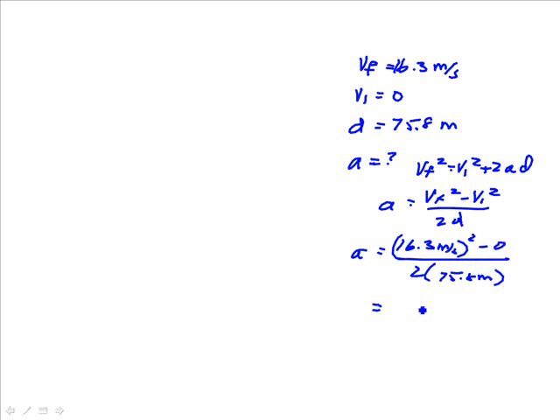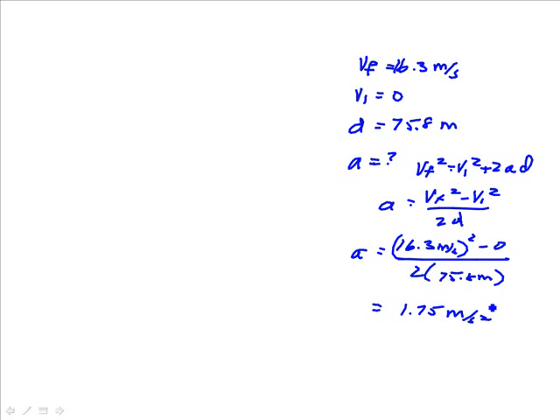And what we get, of course, is 16.3 squared divided by 2 times 75.8. And we end up with 1.75 meters per second squared, which is the same as we got using the other method.